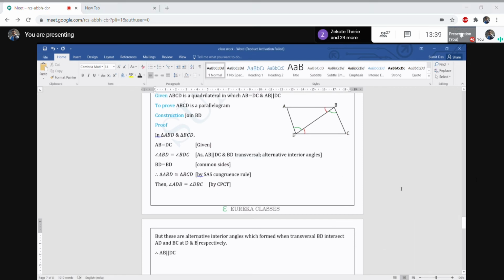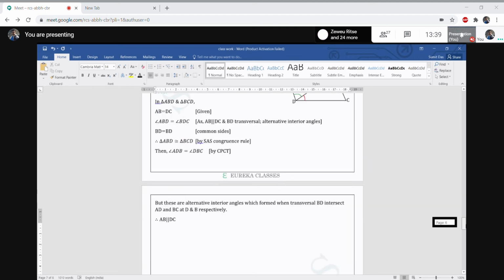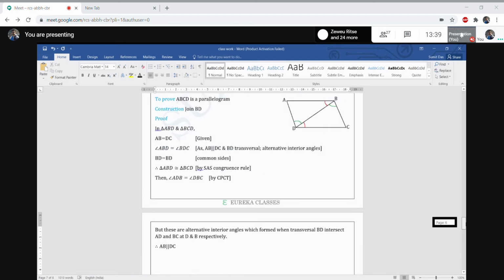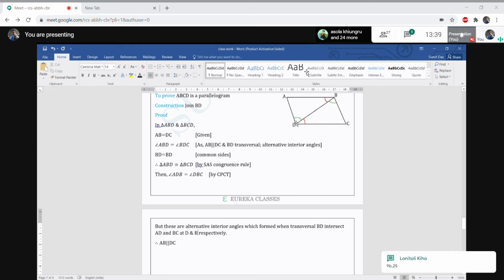So where I was saying, this BD diagonal intersects AD at D and BC at B, and these green color angles are equal. Therefore, we can say AD parallel to BC.